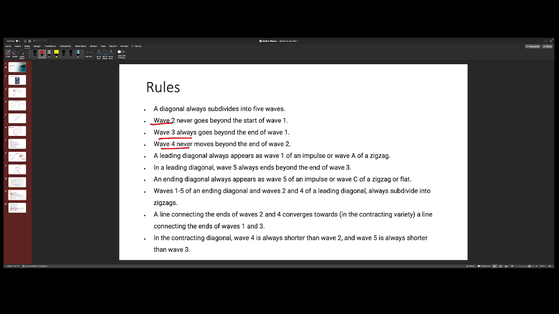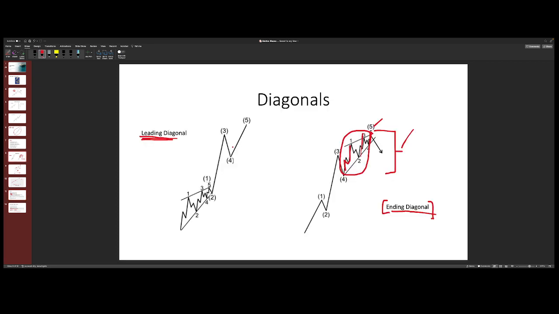A leading diagonal always appears as wave 1 of an impulse, or wave 1 or wave A of a zigzag. We'll go over the zigzag part in future videos, but leading diagonals always appear in wave 1. So this goes to here. Leading diagonals will always happen here.